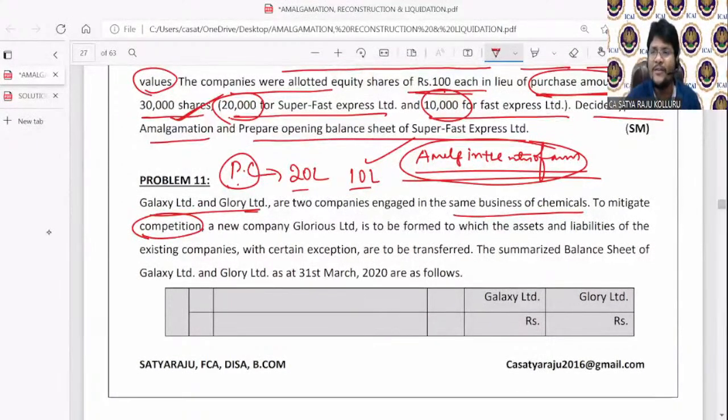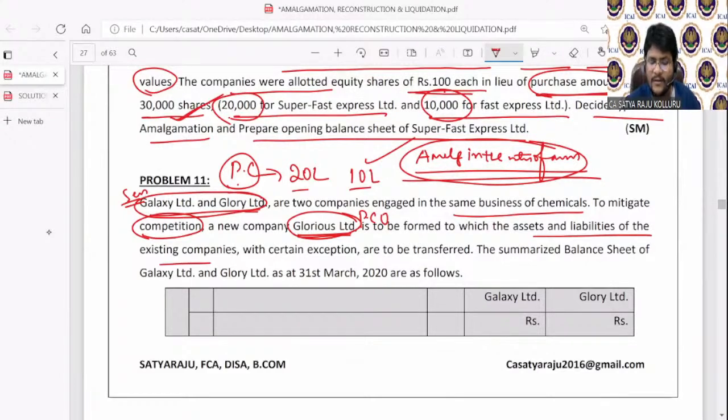They may enter into the amalgamation, which we already saw. A new company, Glorious Limited, is to be formed. The new company means the purchasing company. The two companies are selling companies, and the new company is to be formed, to which the assets and liabilities of the existing companies, with a certain exception, are to be transferred.